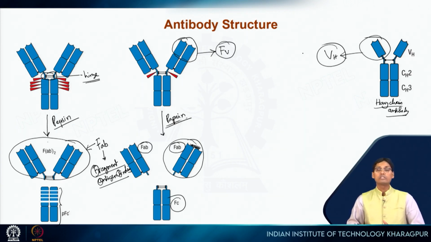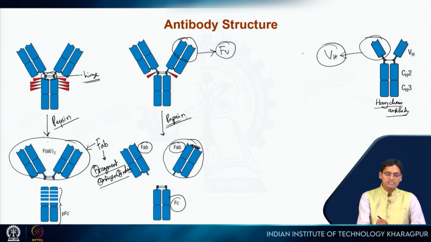Why am I telling you this? Because antibodies are now being used for different immunotherapeutic purposes, and sometimes we try to make antibodies in a very small size, because the conventional antibody is really big. Overall molecular weight is approximately 150 kilodalton.